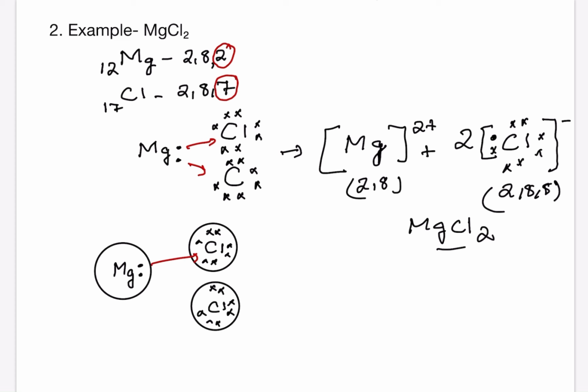1 electron goes to the first chlorine, another electron goes to the second chlorine, and then we can again show it in a square bracket, Mg.